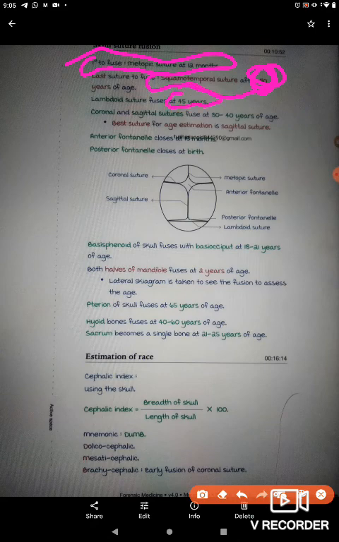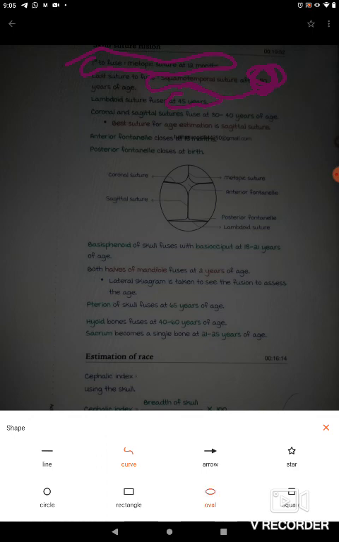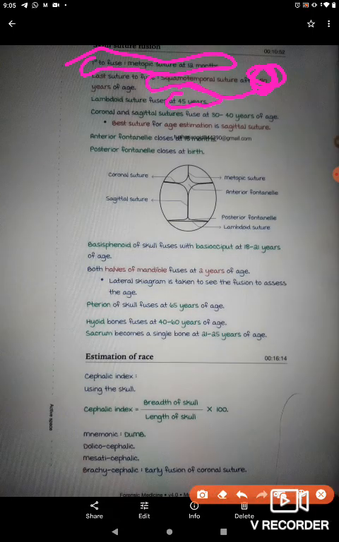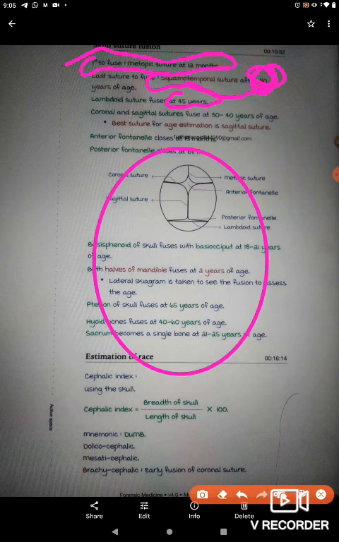Lambdoid suture fuses at 45. So if this is the cranium, we will see. This is the cranium.